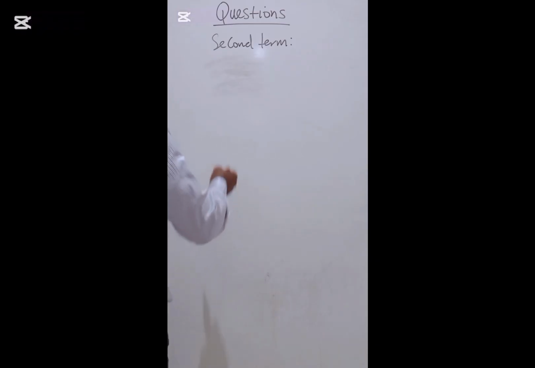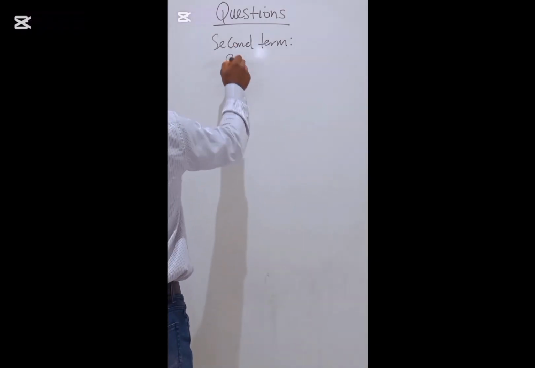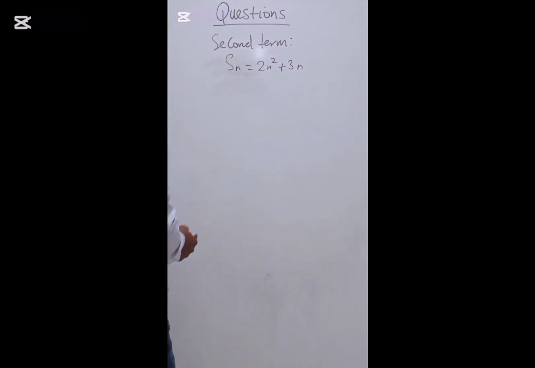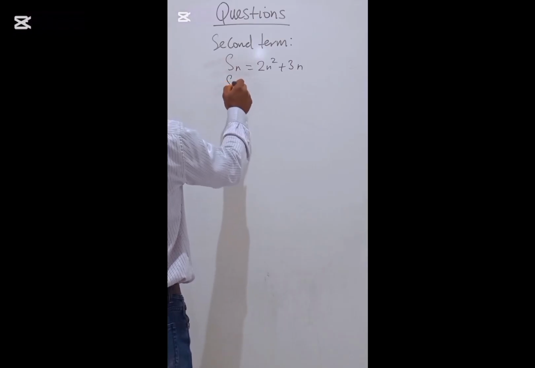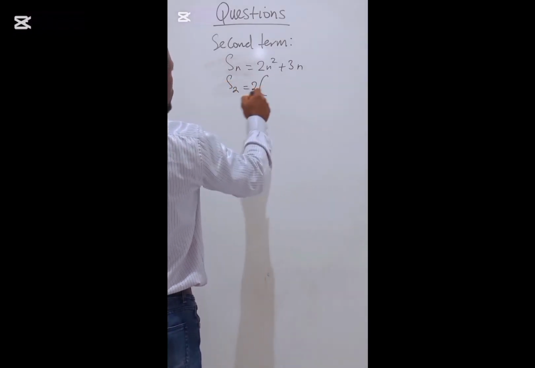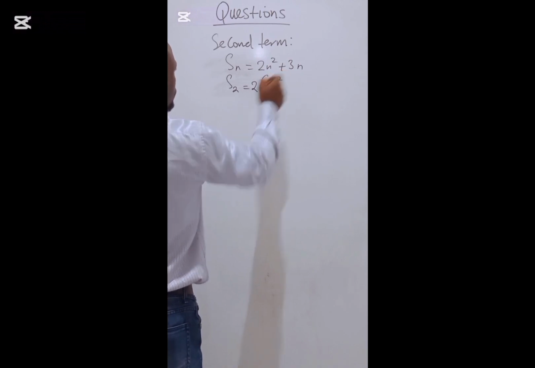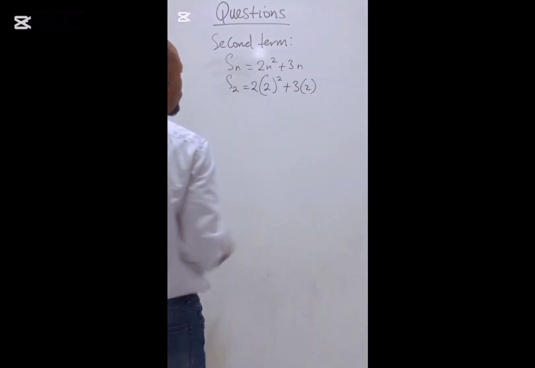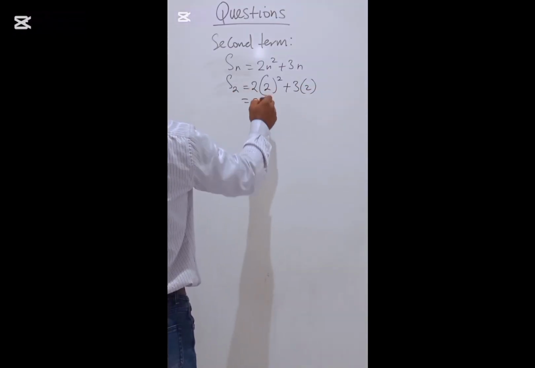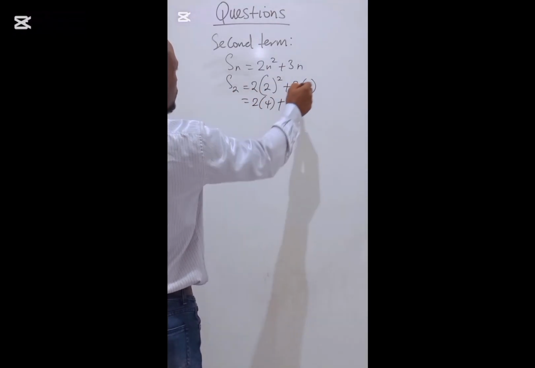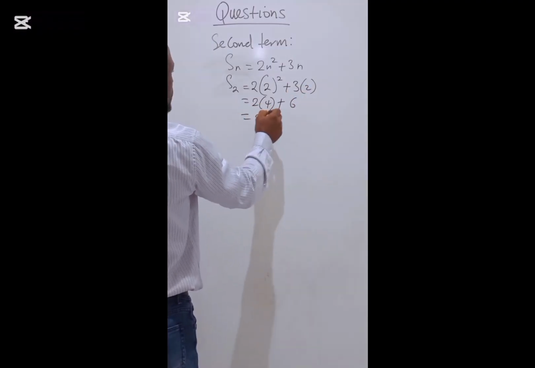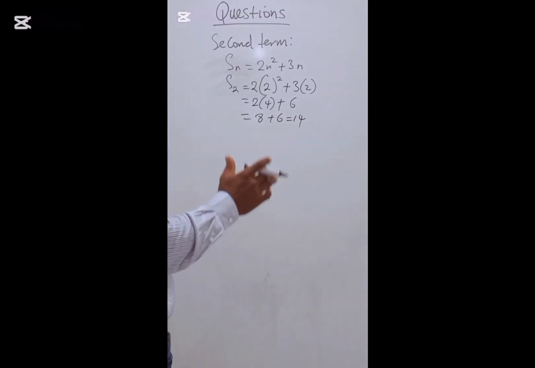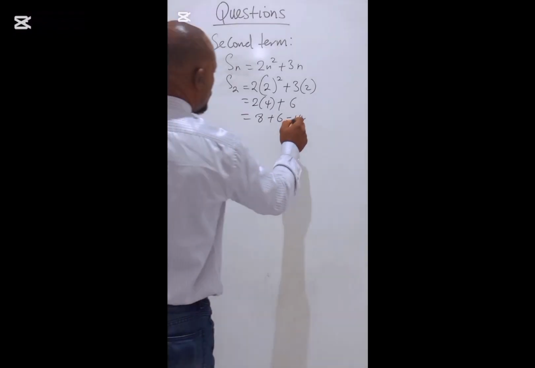So to get the second term, we are still going to apply xn is equal to 2n squared plus 3n, where x2, n is equal to 2. Therefore, 2 times 4, the square of 2 is 4, plus 6. This is equal to 8 plus 6, which is equal to 14. So the sum of the first two terms in the sequence is equal to 14.